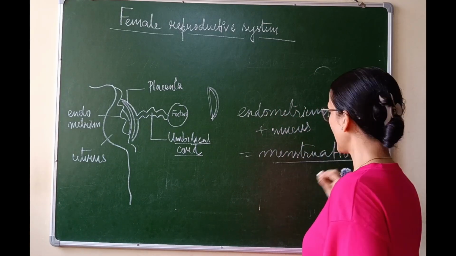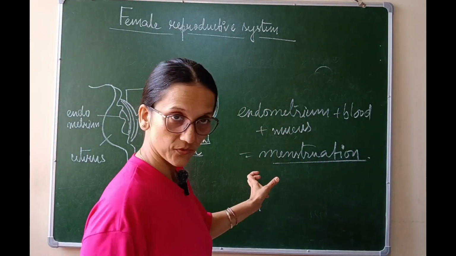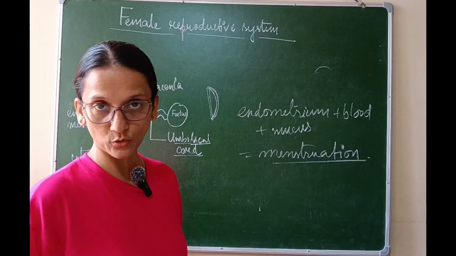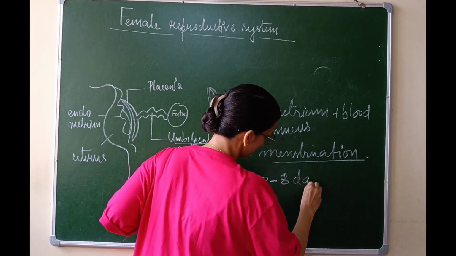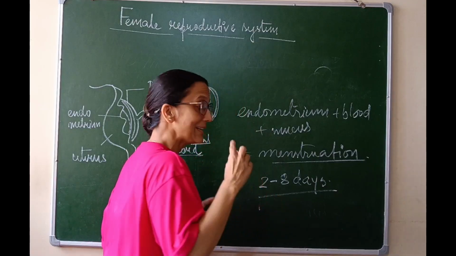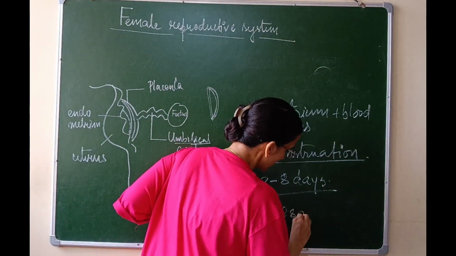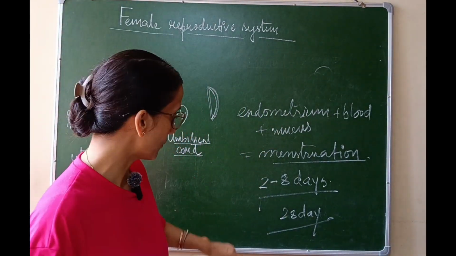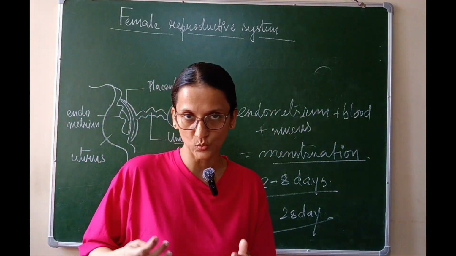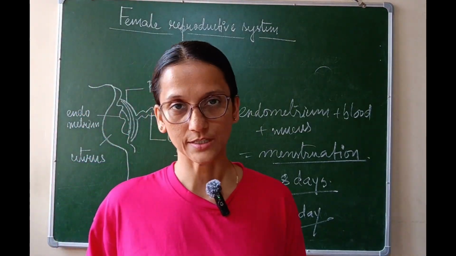This is a cycle that happens in a female body every month. This flow of blood, mucus and the inner endometrium usually lasts for about 2 to 8 days. And this is a cycle which repeats itself after every 28 days approximately. So every month in a female body there will be this cycle when she is going to release all of these if there has not been any fertilization.